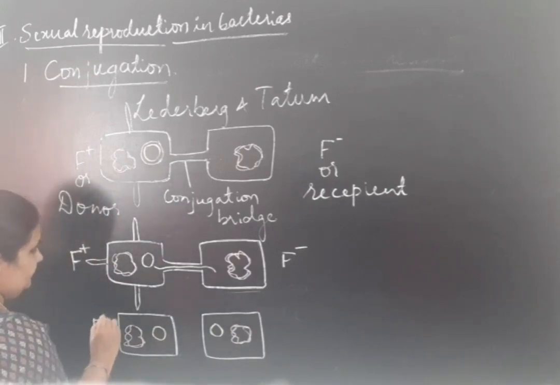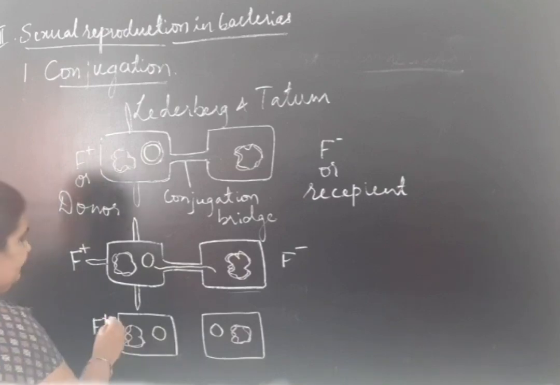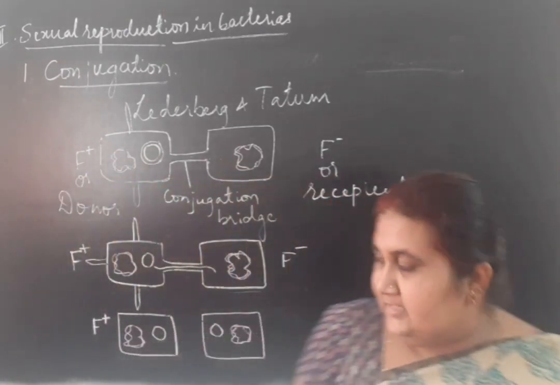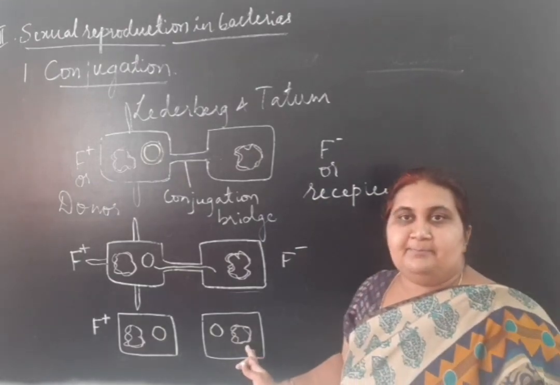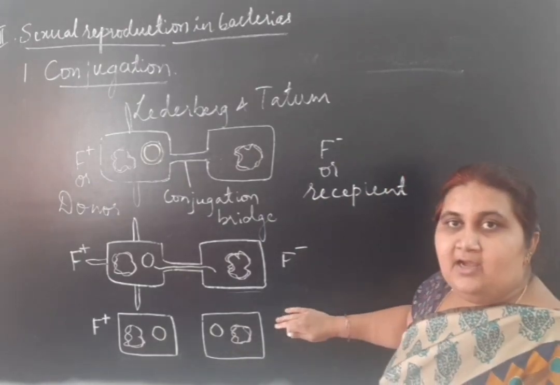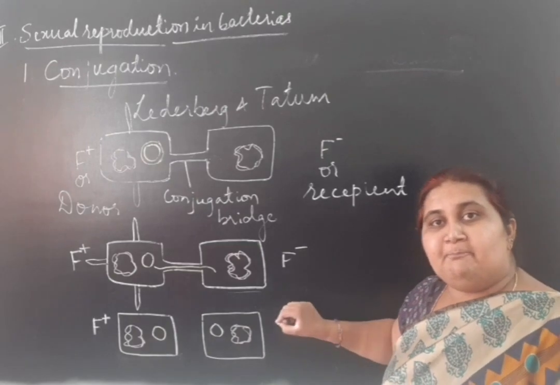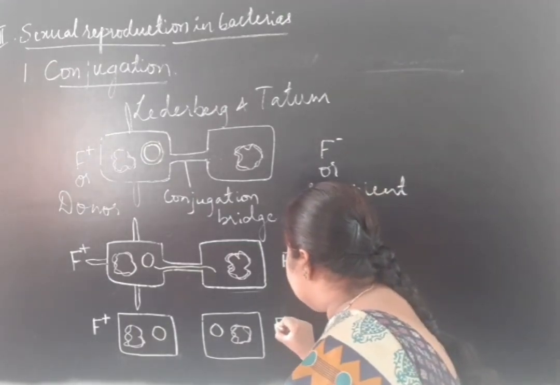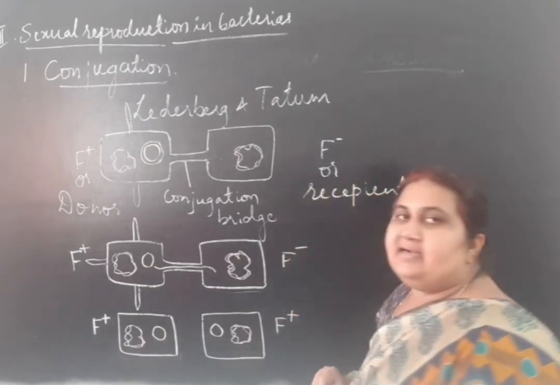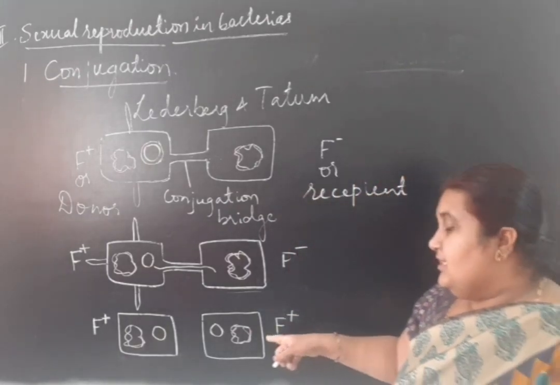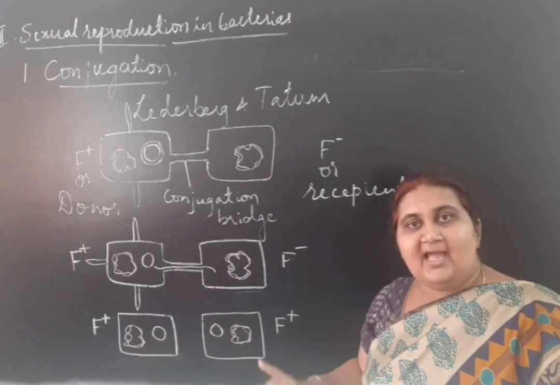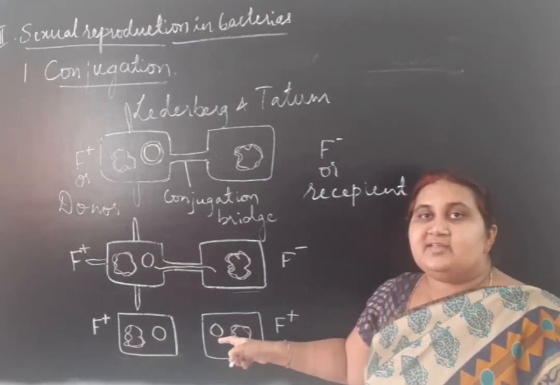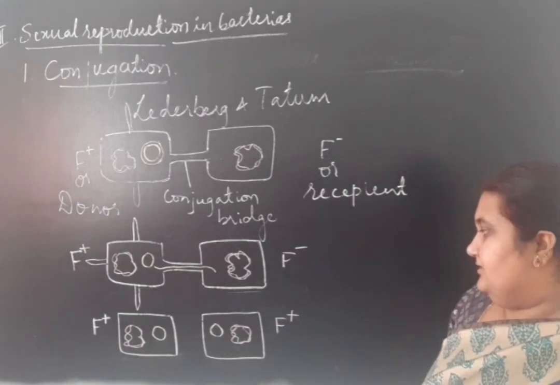Now this F plus bacterium has transferred the plasmid, a genetic material DNA, to the recipient bacterium. So now this F minus bacterium has been converted to an F plus bacterium. Why? Because this bacterium also has the gene for fertility on the plasmid. So there is a plasmid present.